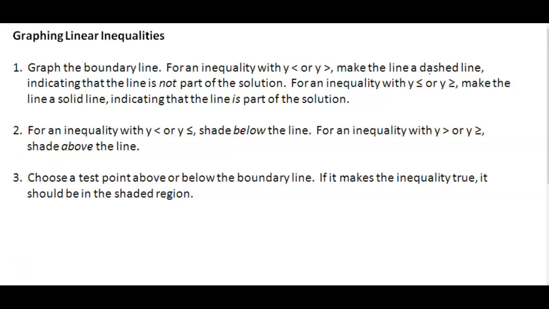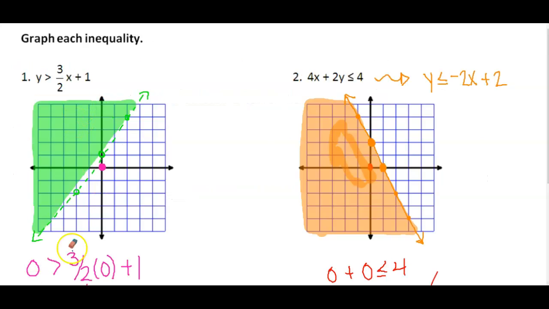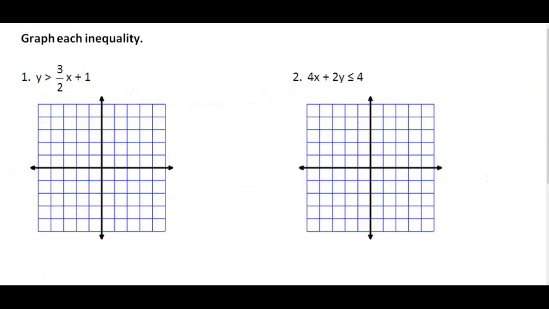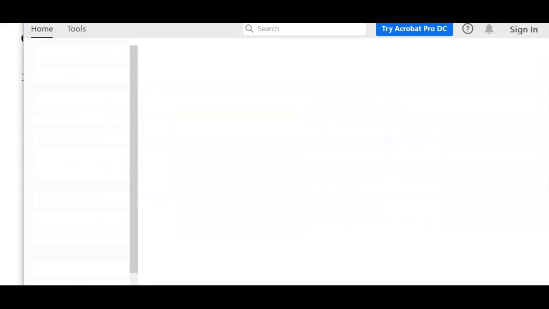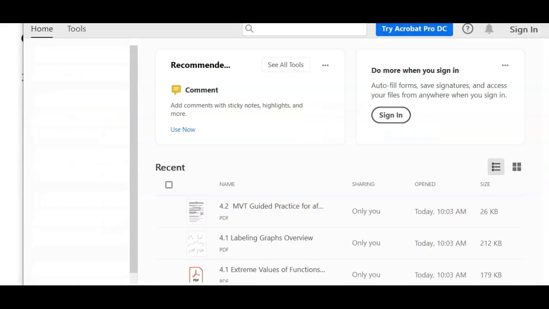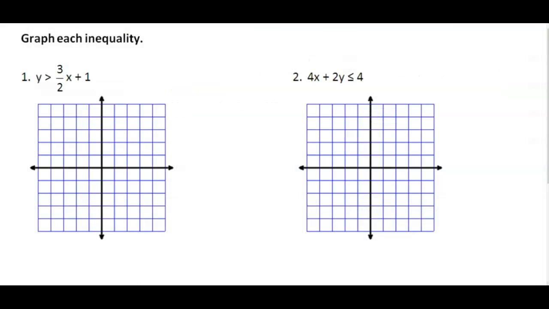All right, so let's look at those 4 examples down at the bottom of that page. So you have y is greater than 3/2 x plus 1. So it's greater than, so that right there tells me that I shade above. And it's not equal to, so it tells me it's dashed.